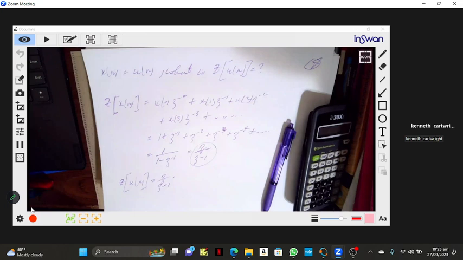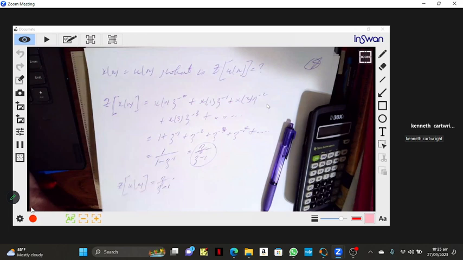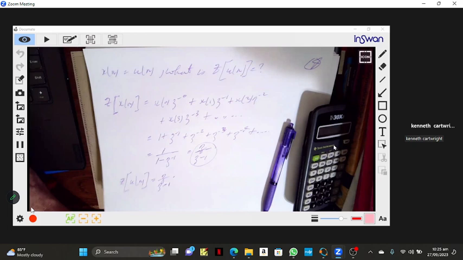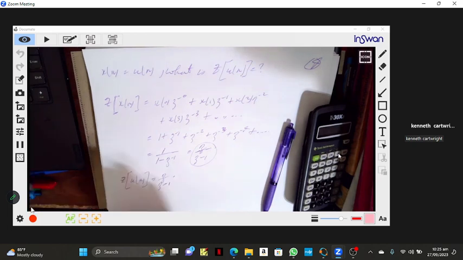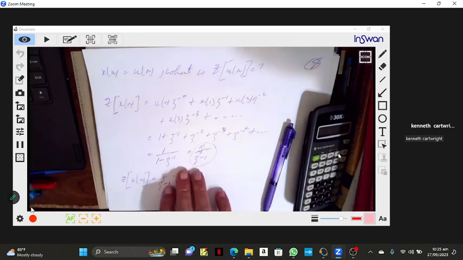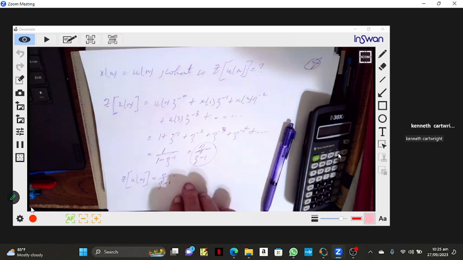I don't know why it's occurring. Okay. I'm going to switch page 4.